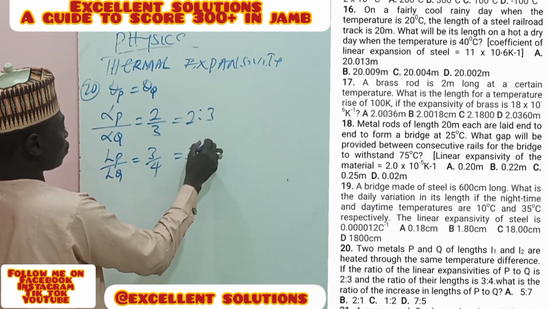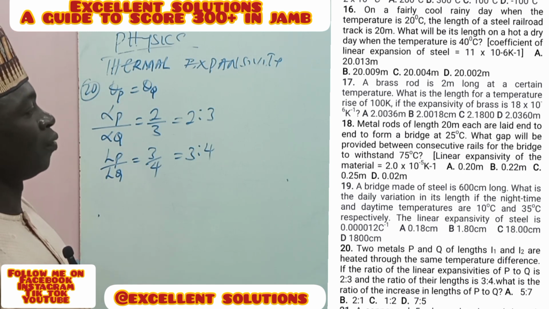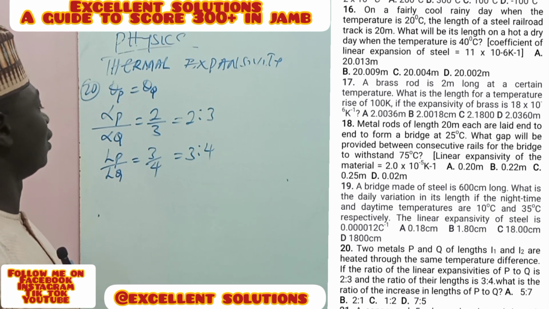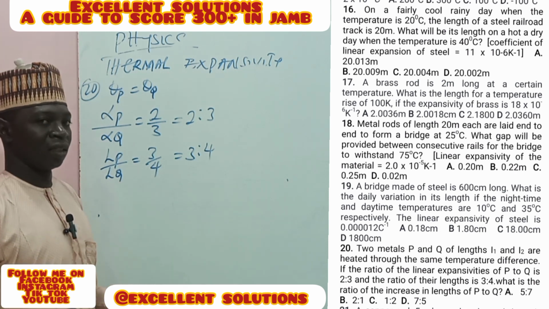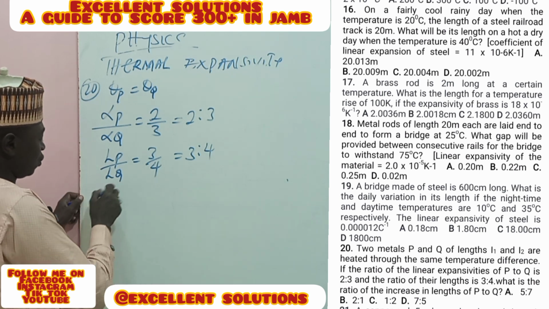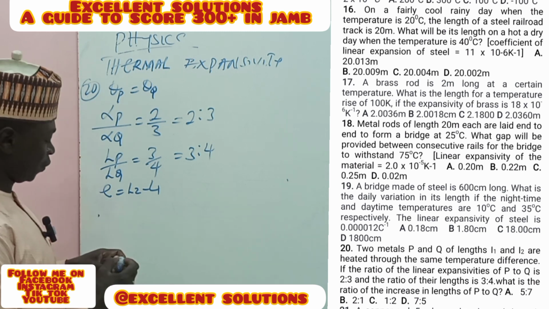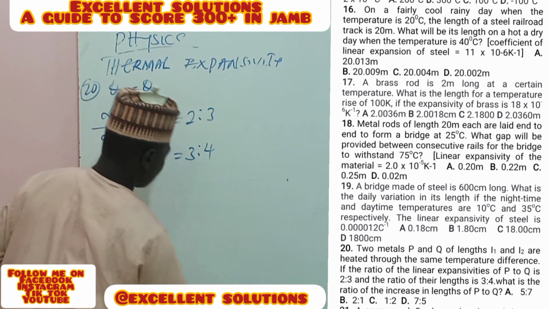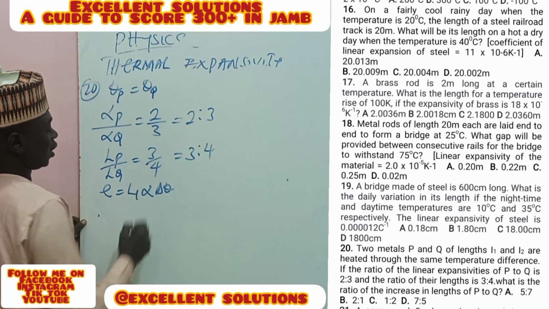What is the ratio of the increase in length of P to that of Q? So we are looking for the ratio of increase in length of P to that of Q. Recall that increase in length is expansion. So E is equal to L2 minus L1. We also recall that expansion is equal to L1 alpha delta theta.